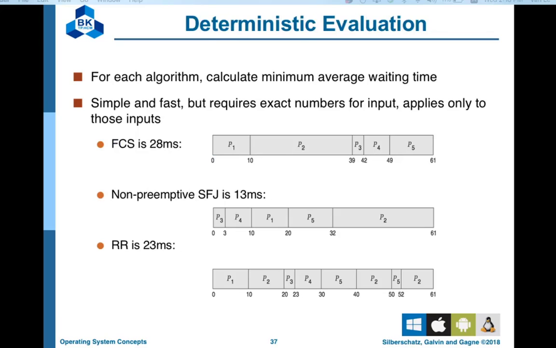For example here, if you use FCFS for the processes, the average waiting time is 28 milliseconds. SJF is 13 and round robin is 23 milliseconds. So in this scenario, SJF is the best with respect to the criterion of average waiting time.